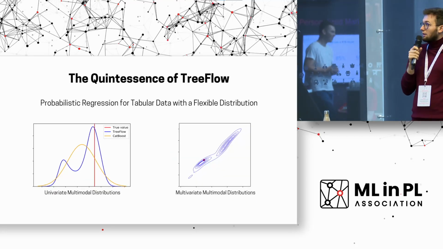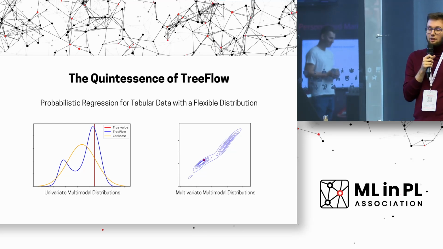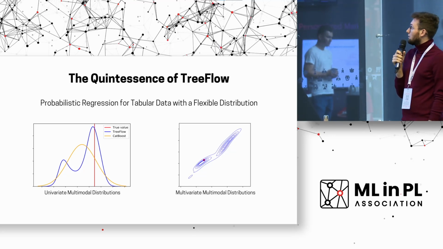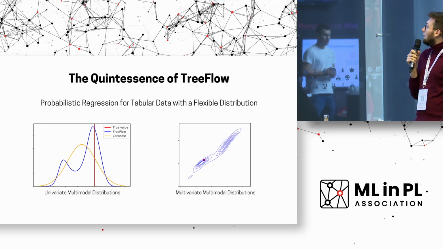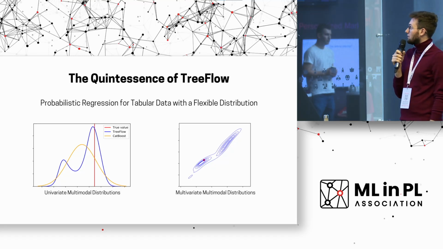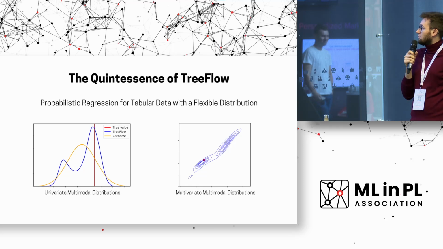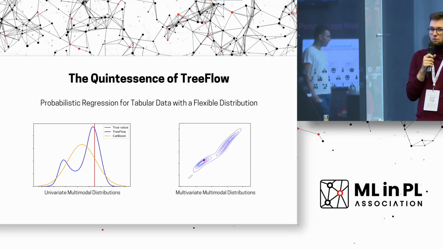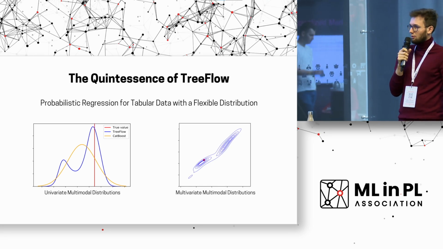If I were to describe what TreeFlow, the method that we will be discussing today, is, I would say this is a probabilistic regression method for tabular data with a flexible distribution. Here are two examples of that. On the left side, we've got the estimated probability distribution for an observation from a univariate regression problem.